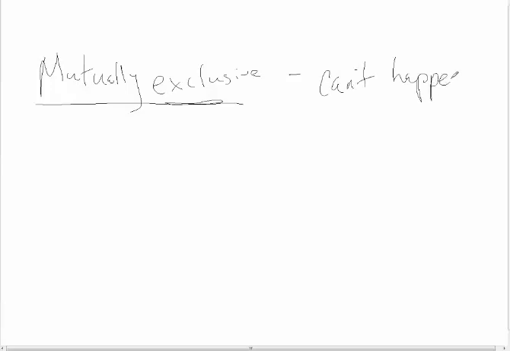Last couple of things, the idea of mutually exclusive. Mutually exclusive means can't happen at the same time. Okay, so for example, the probability that you were born in Washington, so event W is born in Washington, event M is you're born in Michigan.